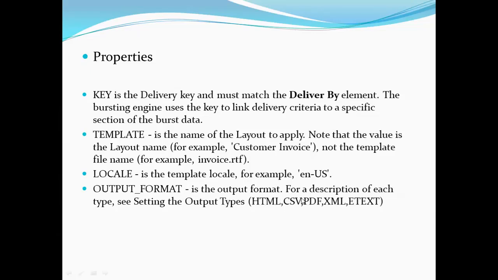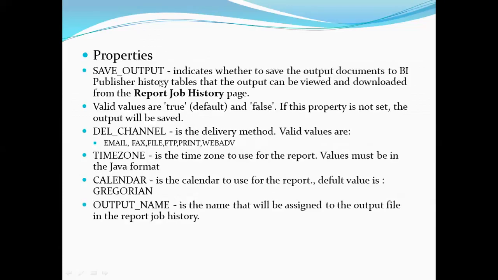Output format is the output format. For a description of types, you can see the various output formats: HTML, CSV, PDF, XML, eText, whichever you want, you can hardcode the output format. This is save output. It indicates whether to save the output documents to the BI Publisher history tables so that the output can be viewed and downloaded from the report job history page. I will show you where the report job history page comes into the picture. The valid values are true and false.